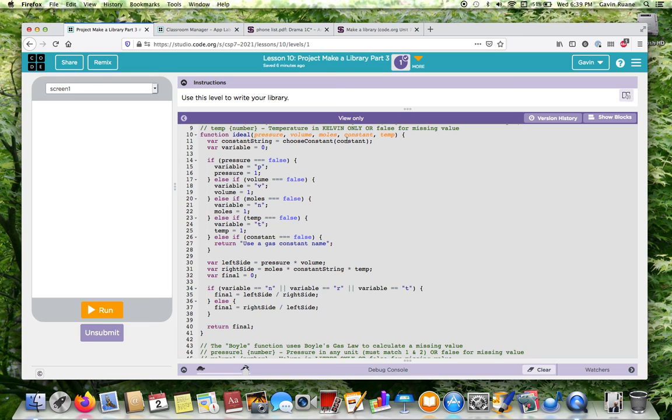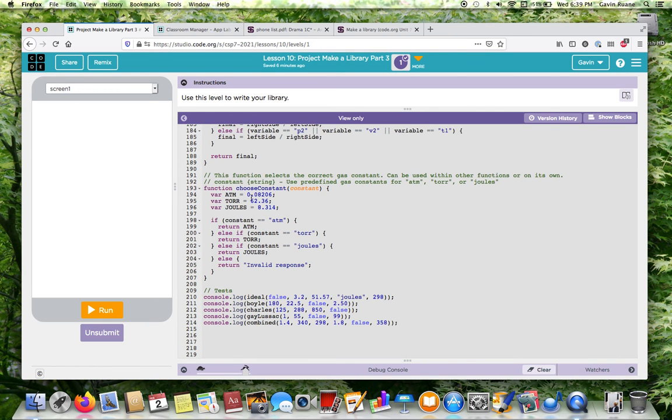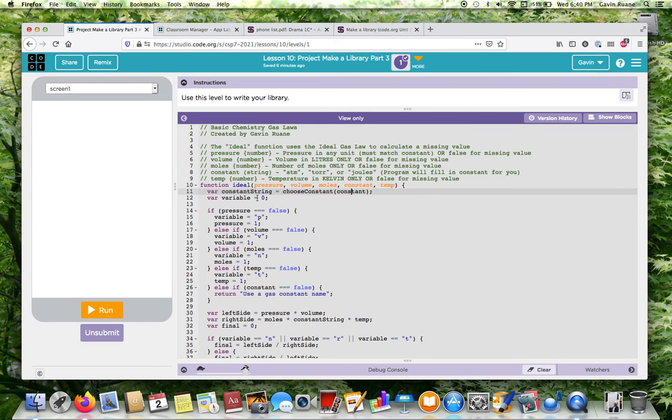What this does is it gets the string you put in the ideal function, then it calls choose constant and puts that string as an argument. It sets up the constants right there, chooses the constant that is correct, the one you want, and returns that.